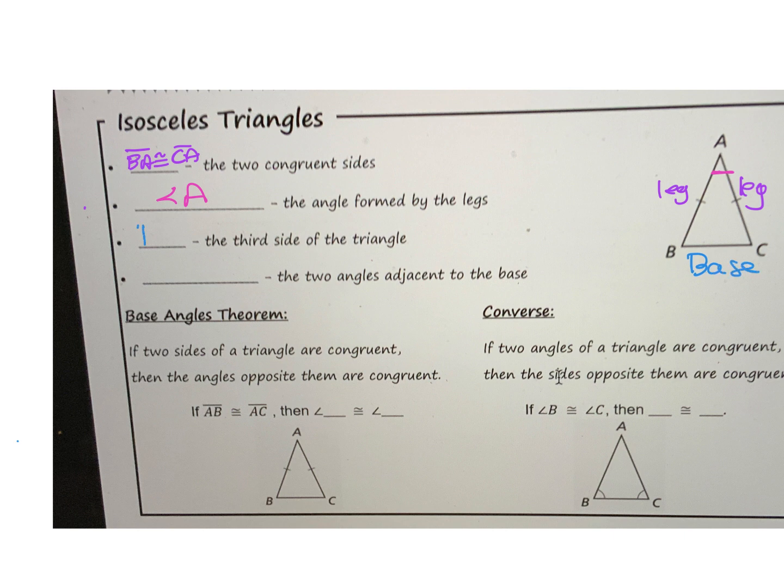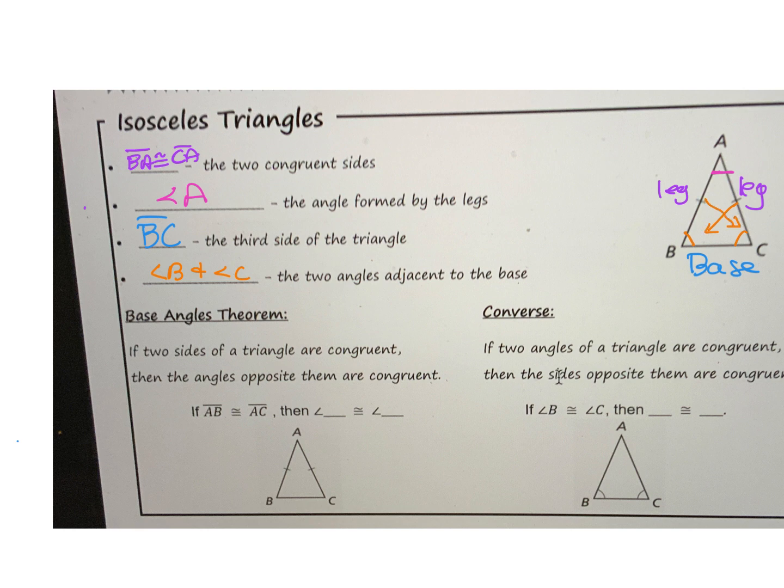So the third side, my base, is line segment BC. Then I have my two base angles, so I have B and C. Angle B and angle C are congruent because they're across from your legs.